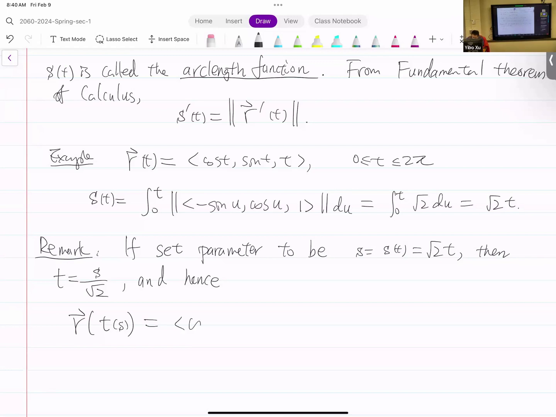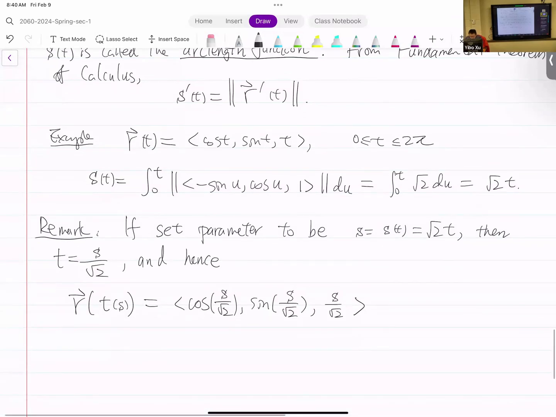It's going to be cosine of s over square root 2. I can use a bracket to enclose this inner functional calculation. And it's going to be sine, t is now replaced by s over square root 2 again. And finally, the last entry about the time is now s over square root 2. Okay.